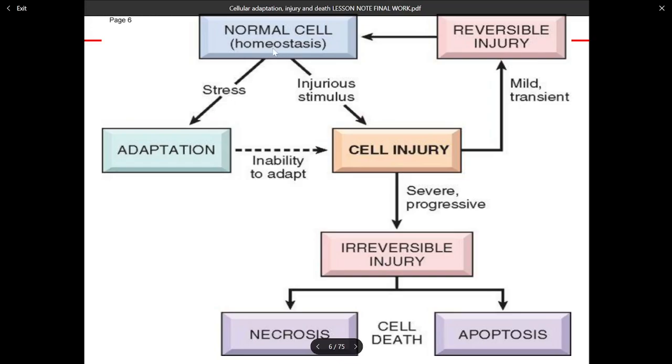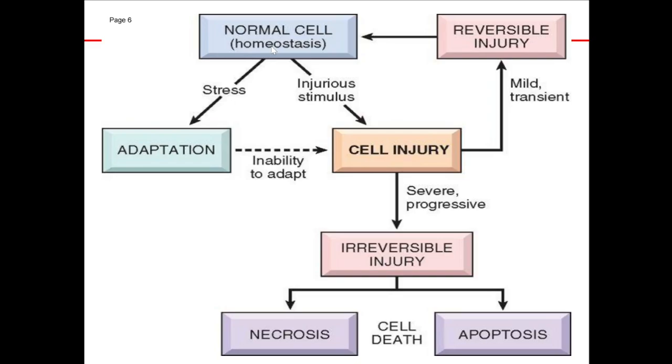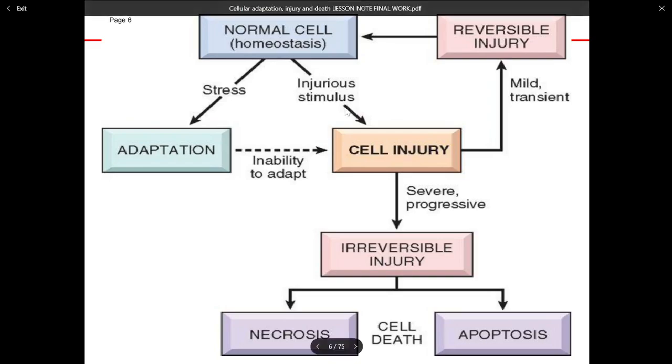Now, if the stimulus is an injurious one, the cell automatically slides into cell injury. I don't know if you understand. A normal cell, if the stimulus is just stress, the cell adapts to it. If the cell cannot adapt, cell injury occurs. If the stimulus is an injurious stimulus, straight up the cell will be injured.